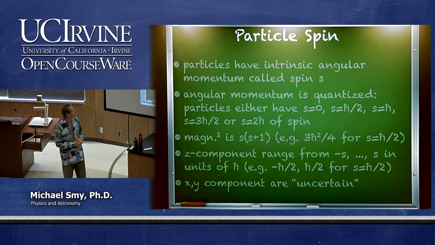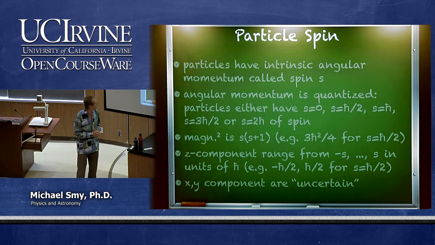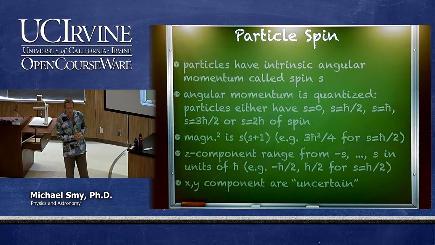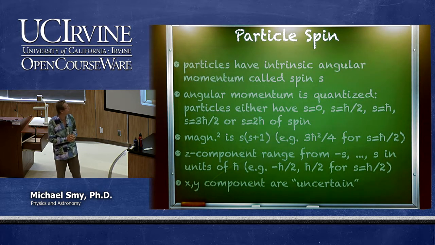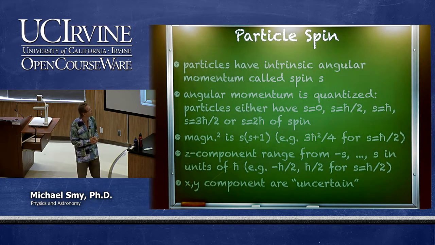The magnitude squared of angular momentum or of spin, due to the weirdness of quantum mechanics, is not just spin times spin, but it's actually spin times spin plus 1. So if you have, say, a spin h bar over 2 particle, then it has the magnitude squared of h bar over 2 times h bar plus 1 over 2, or 3 times h bar squared over 4.